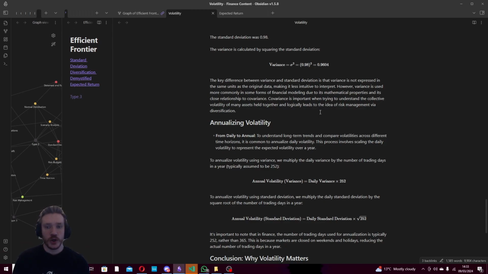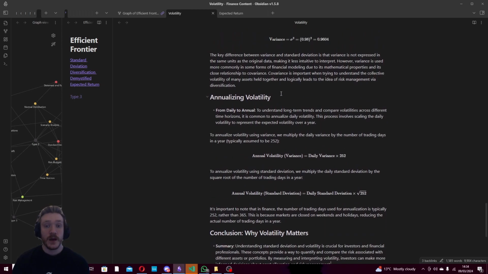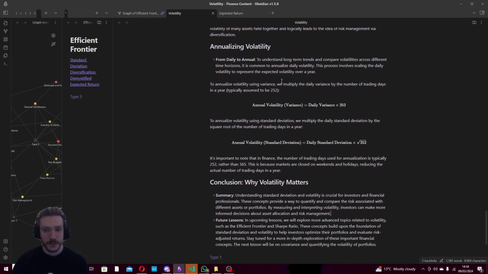I can't just look at the volatility of each individual stock and understand the volatility of the portfolio. No, I've got to understand the volatility of each individual stock and how those stocks move in relation to each other over time. And that's where the covariance comes into play. That's where it's used in mathematics. And that's why we use variance and covariance more often in calculation. The next lesson is going to be on covariance, so you'll begin to see what I mean with this.